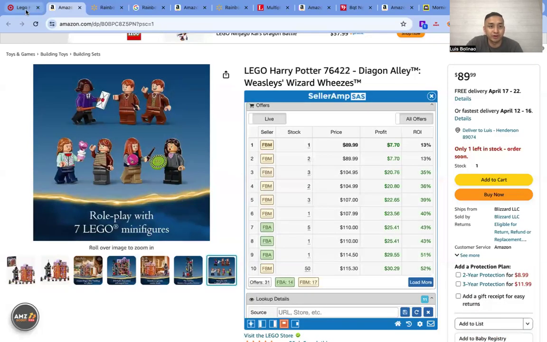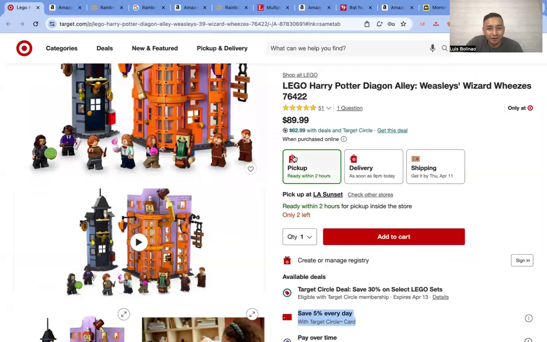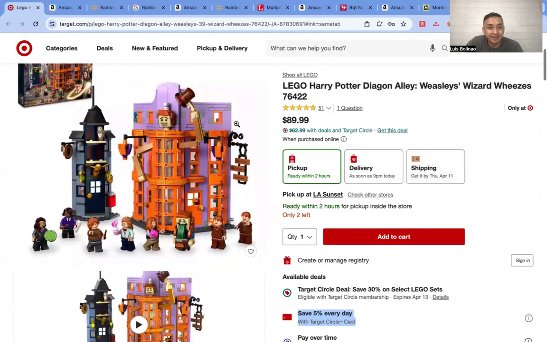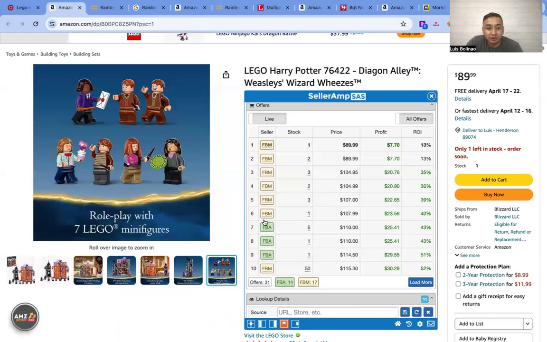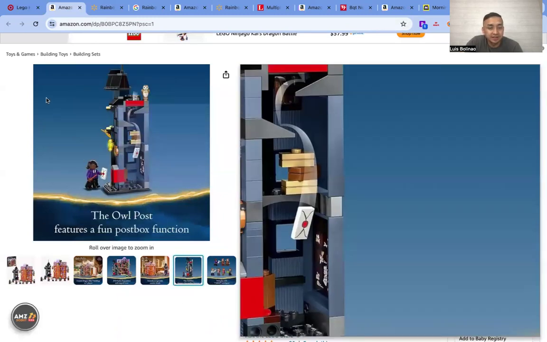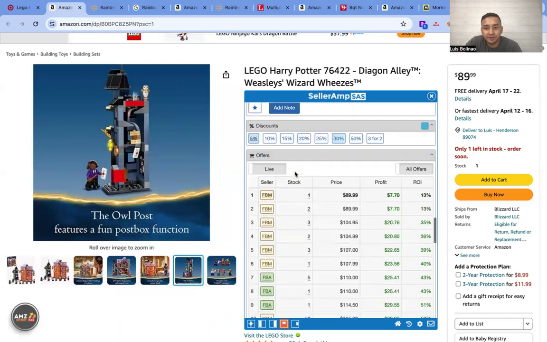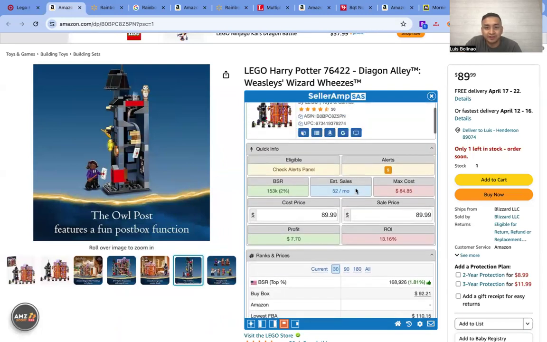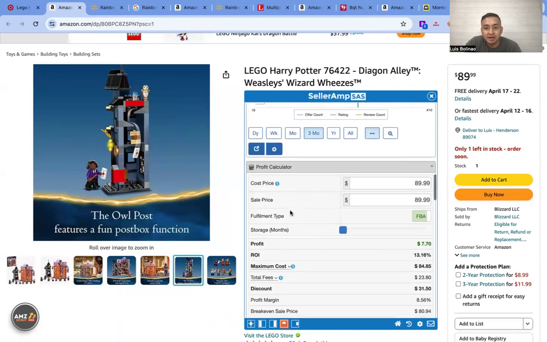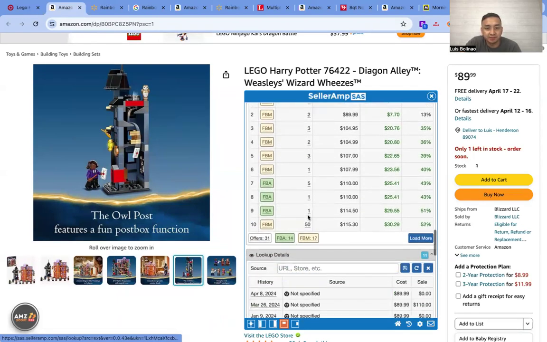I mean, the product's cool though, right? Really cool looking product, for personal use. But for reselling purposes, it's just not adding up, right? Because you're only getting 52 sales a month. The competition is pretty high, 31 sellers sharing 52 sales a month.